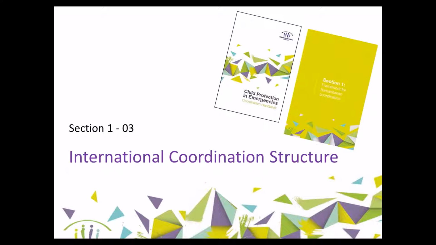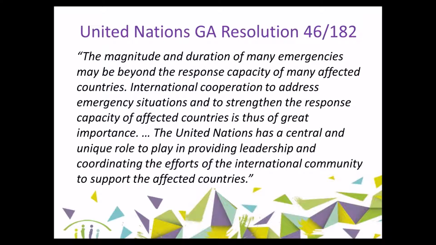Section 3 in this component is international coordination structure. And I guess this is where a lot of people can get confused depending on the settings. But let's just give you some background to it. It is mostly based on the United Nations General Assembly resolution, and it does have quite a long history.